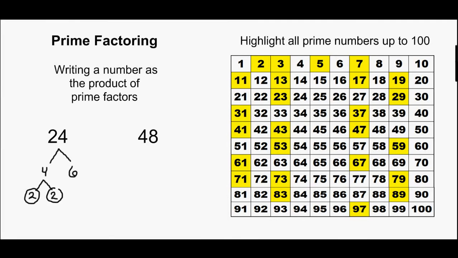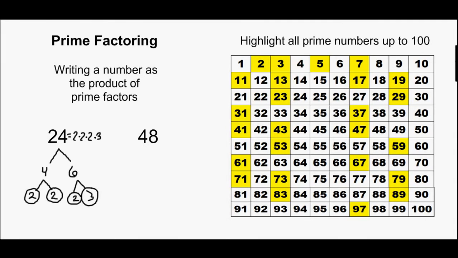We'll circle them. 6 can be written as 2 times 3. We can circle 2 and 3. They are both prime. So 24 can be written as 2 times 2 times 2 times 3.